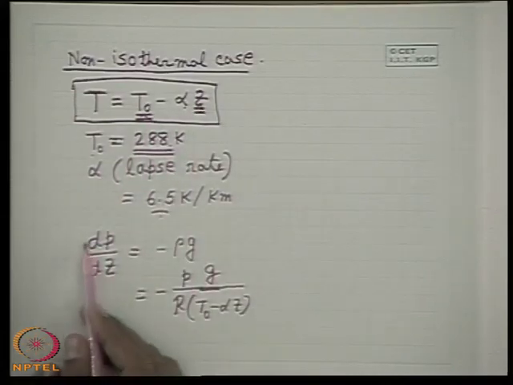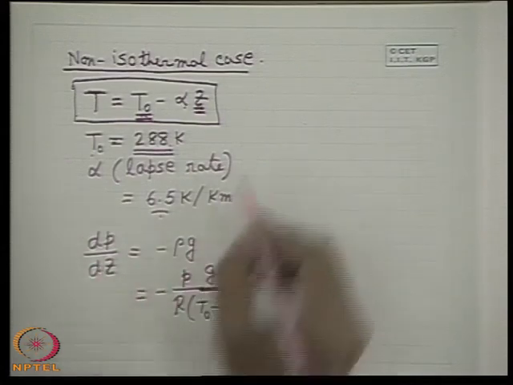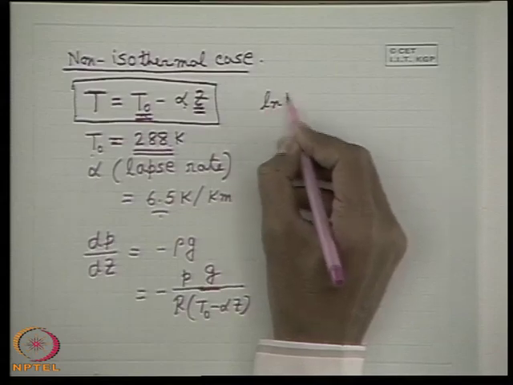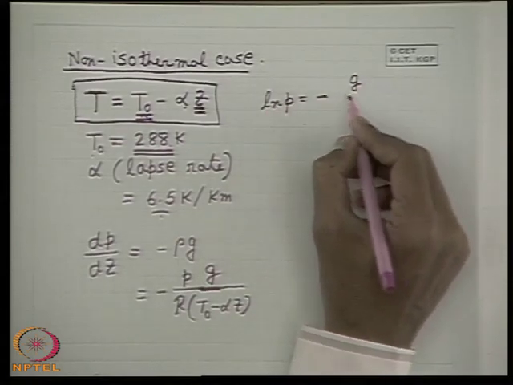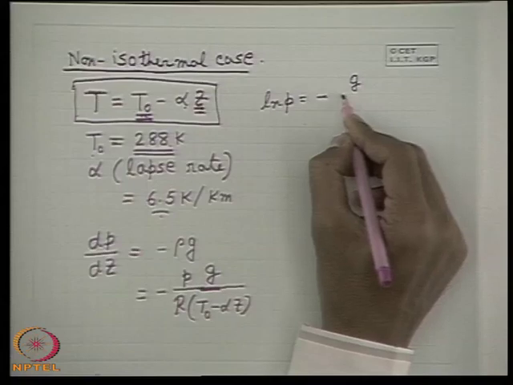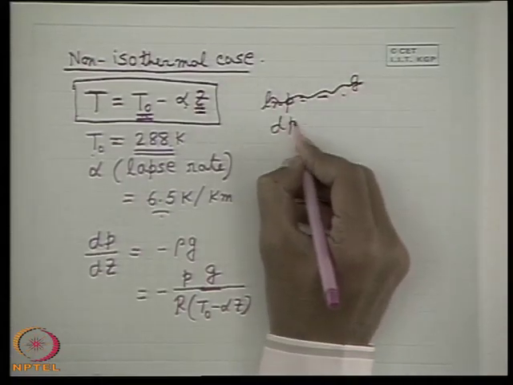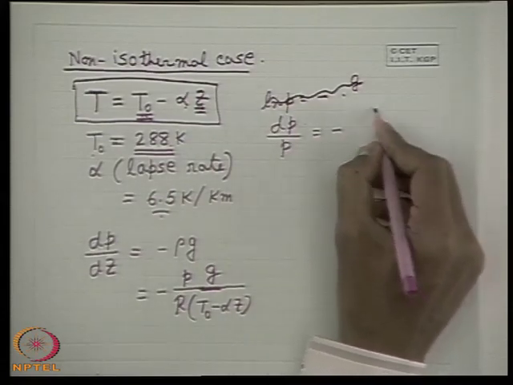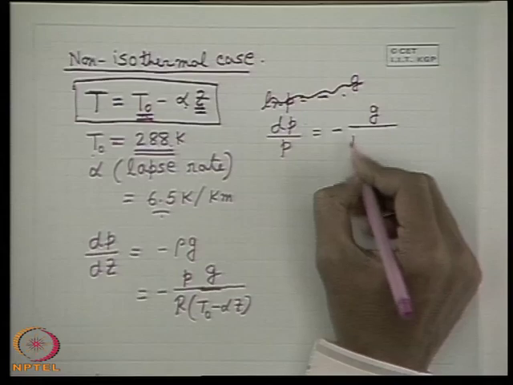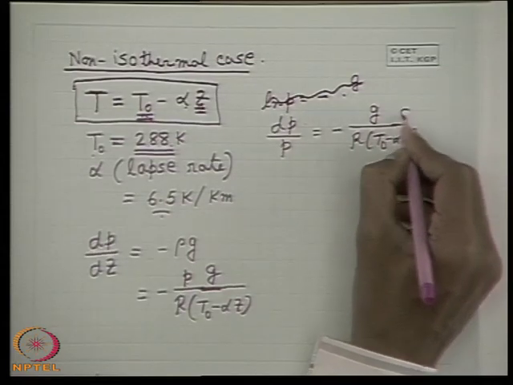Now the rest is simple mathematics: you go on integrating this. If you integrate this, taking P here, dP by P, then you get ln P equal to minus g by R. Sorry, I must write another line, otherwise it will be difficult for you. dP by P is equal to minus g by R times dz over T0 minus alpha z.